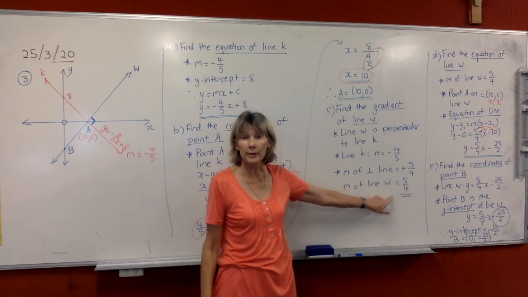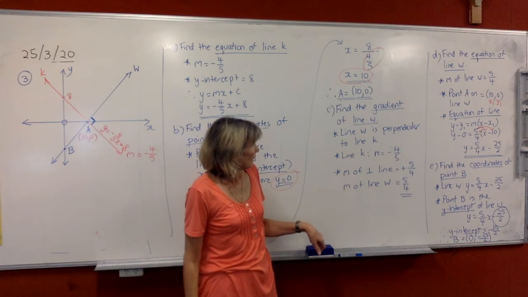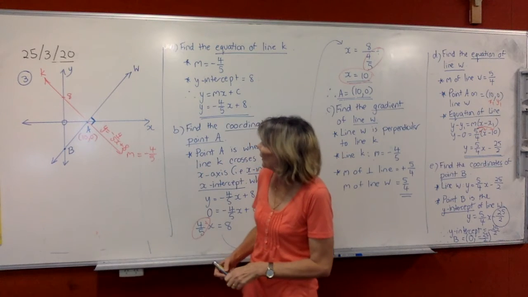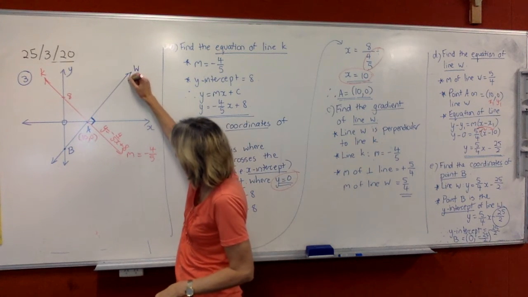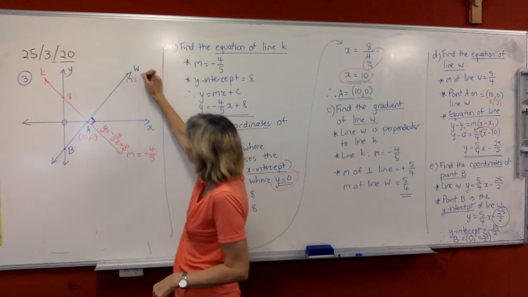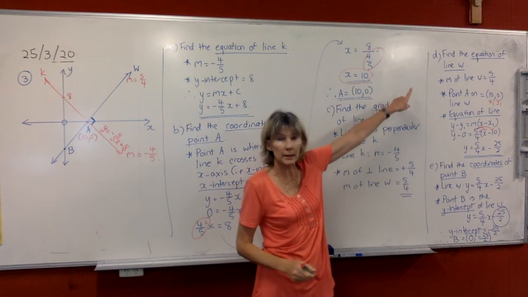So the gradient of line W is 5 over 4. And that's all they wanted in that question. So we'll mark that on as well. The gradient of line W is 5 over 4.